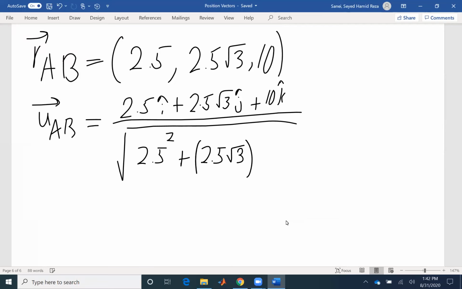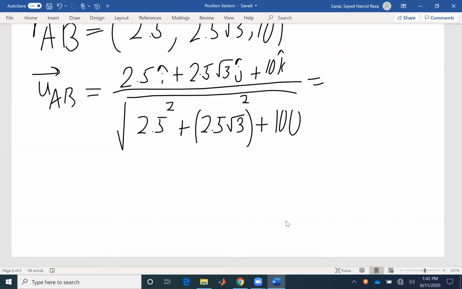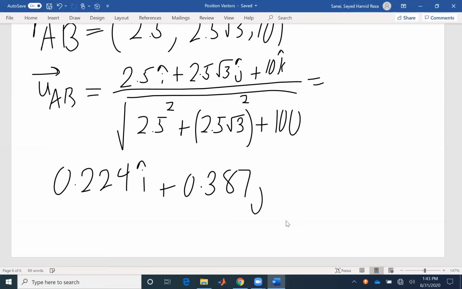I'm going to put everything in parentheses so we know all of them are going to be squared. Plus 10 squared, which is 100. So at the end, the answer, I'm going to write it here, that's easier, would be 0.224i, 0.387j, and 0.89k. That's our unit vector.